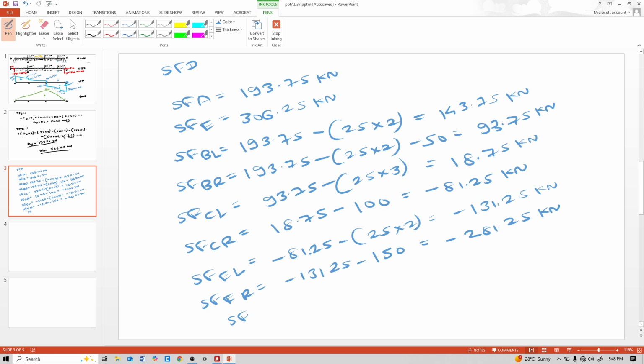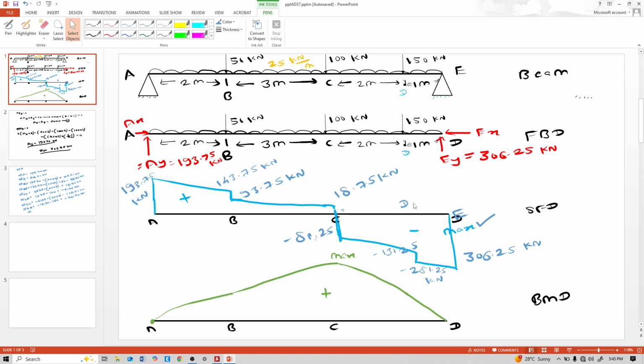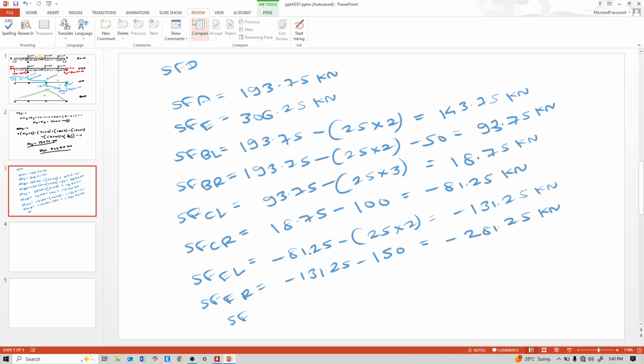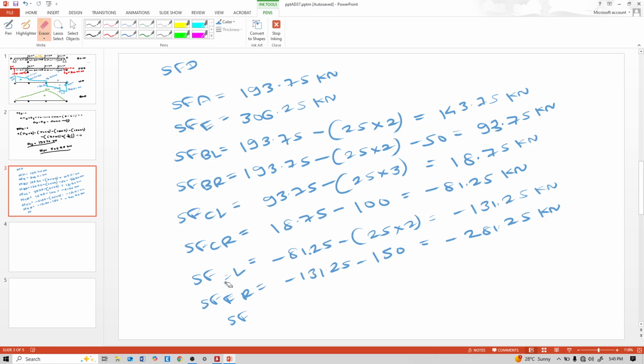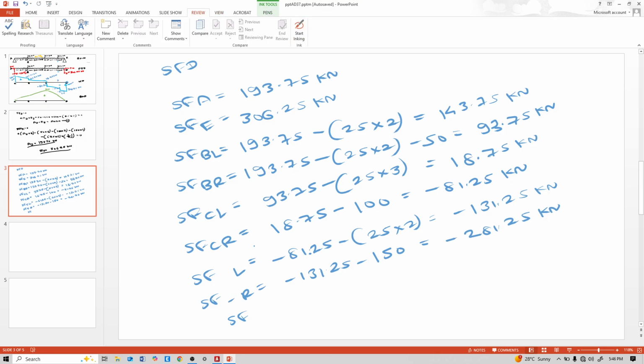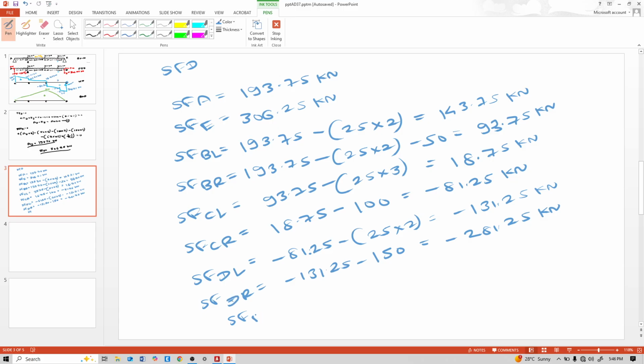Shear force at this point, this point is D. Shear force at E, just left, is minus 281.25 minus 25 into 1, which is minus 306.25, and shear force at E is positive 306.25 kilonewton.